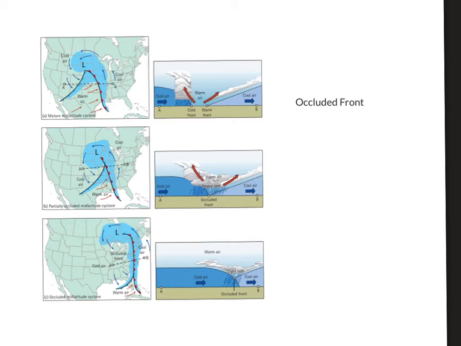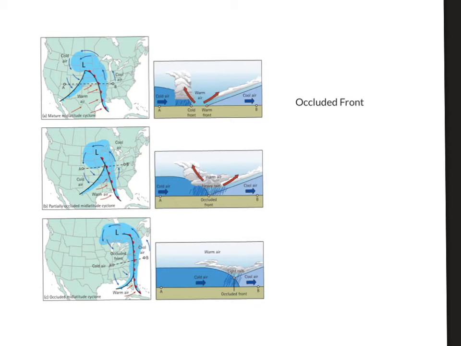And eventually what happens as these guys merge, this warm air region gets pushed up above the ground. And as the cold air continues to move in, that warm air gets pushed higher and higher. And so the cold air completely wedges underneath. And as the warm air rises, of course, you get cloud formation and rain. And this kind of merging of fronts can create storms over very large areas. So this is something that can greatly affect weather patterns.